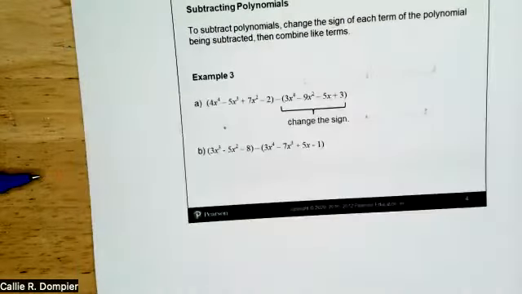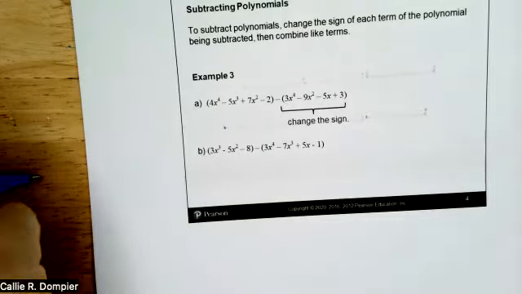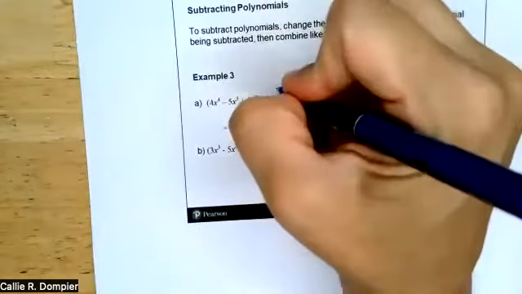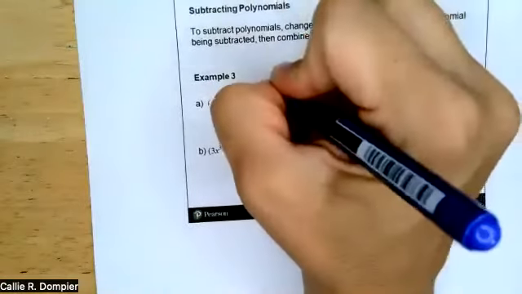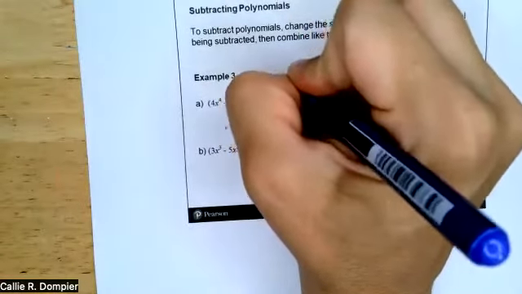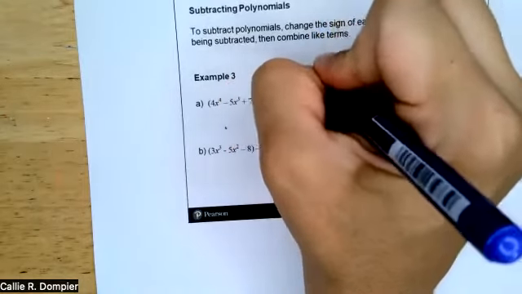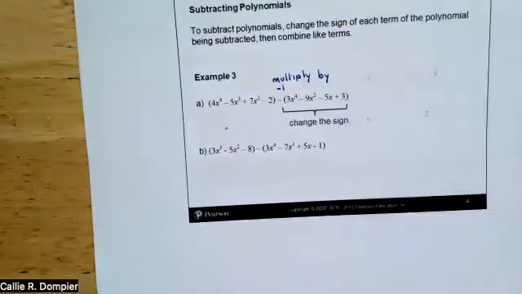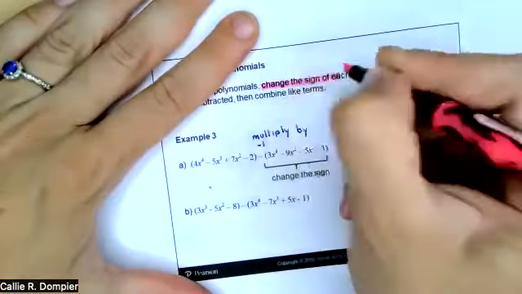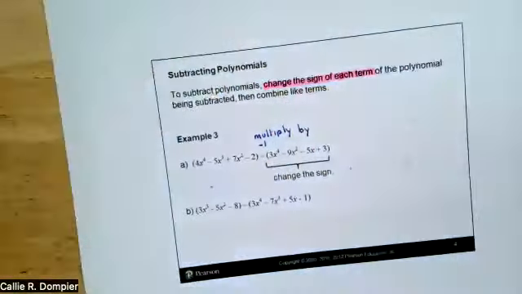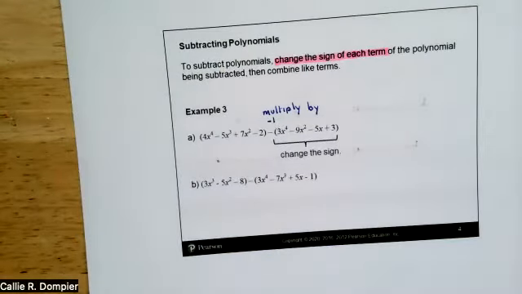Now subtracting. So the first thing you want to do when you're subtracting is imagine that this is a negative 1. So you're taking that entire second polynomial and multiplying by a negative 1. Or you can also look at it as changing the sign of each term of the second polynomial.